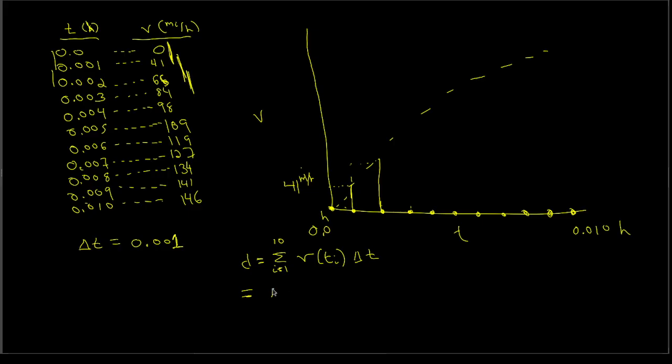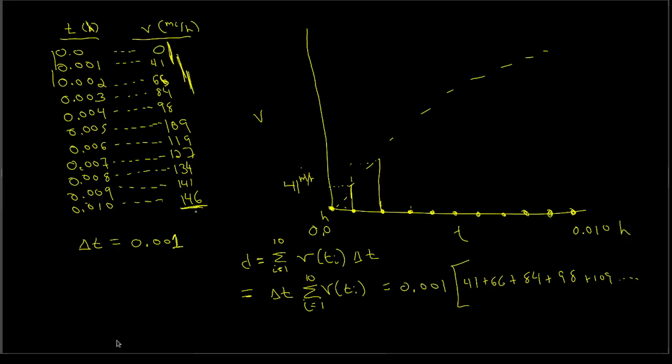I'll pull the delta t outside of the summation. So I'm going to have 0.001 times the sum of 41 plus 66 plus 84 plus 98 plus 109, and so on. I'm going to add up this column. So give me a second, I'll add up that column.